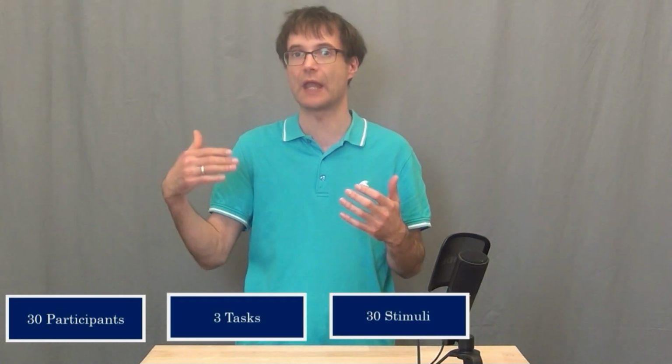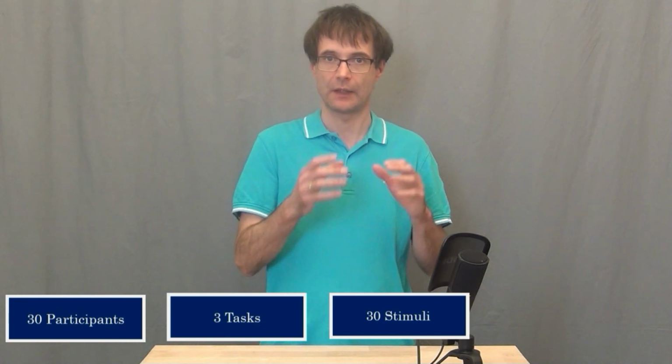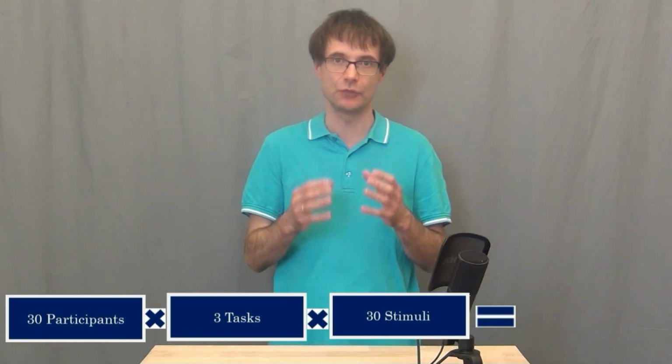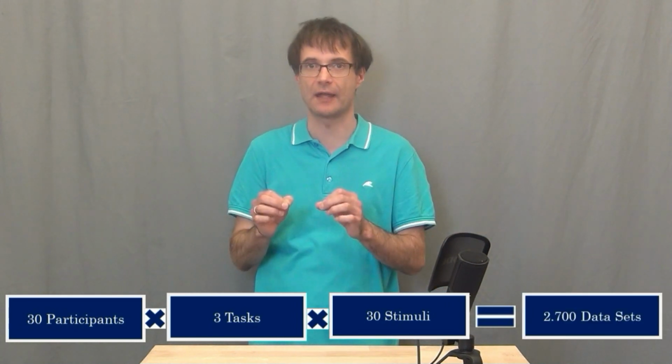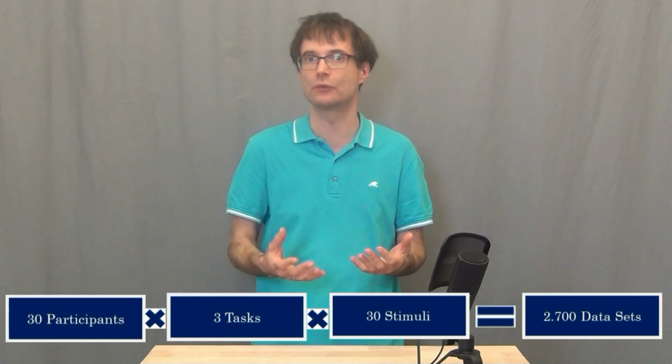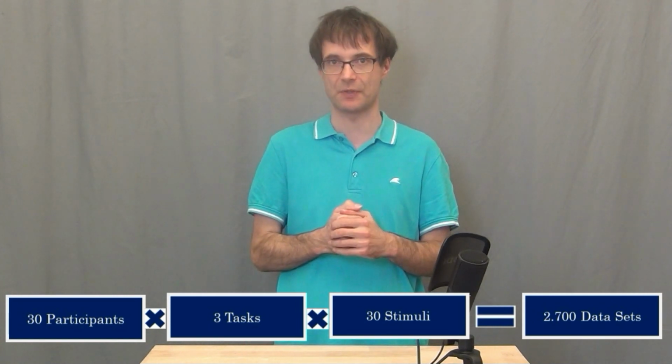Then you could say, okay, I invite now 30 participants. I will show them in 3 task blocks 30 stimuli each. And if you multiply all these numbers, this will lead to 2,700 single data sets or scan paths which you have to record during your eye tracking experiment.